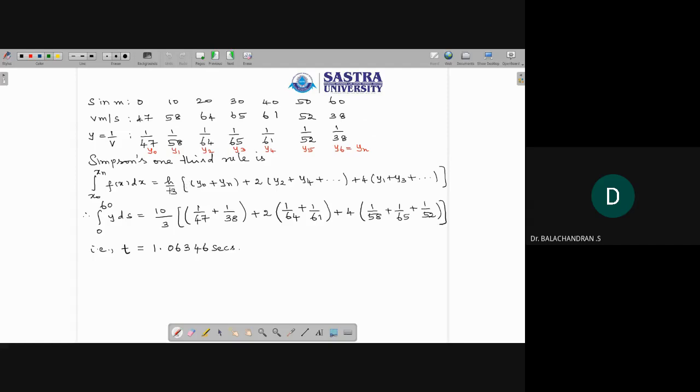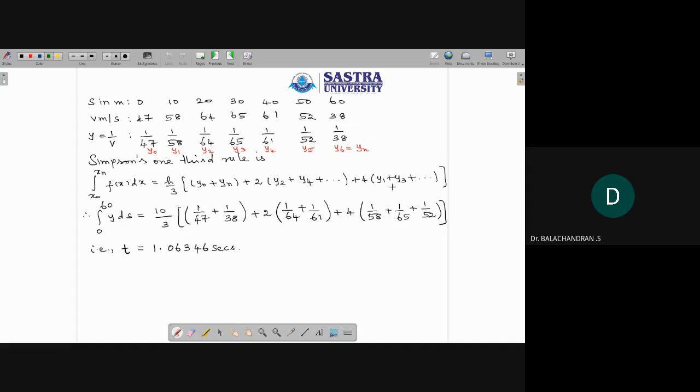Simpson's one-third rule is h by 3 times y0 plus yn plus 2 times the even suffixes plus 4 times the remaining suffixes. That is y1, y3, y5, especially odd suffixes. It is better to say odd suffixes because this is always an even number.